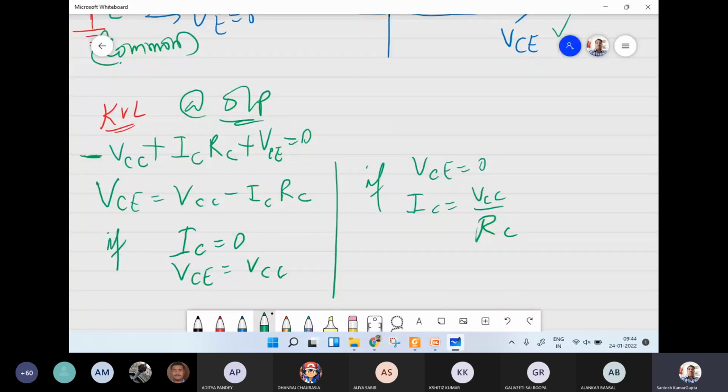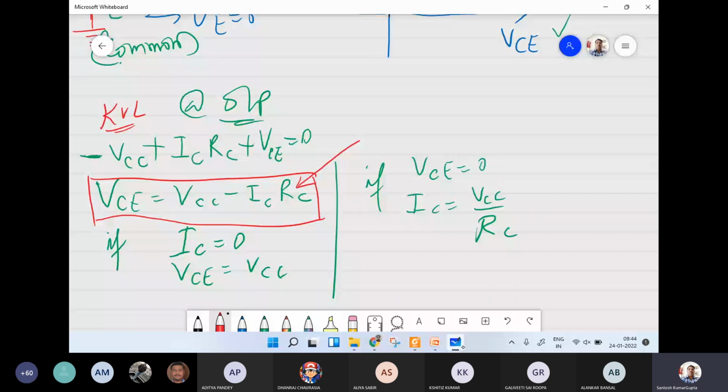Now we took the two extreme points of this equation. This equation is actually written for the output port, which is having the RC. RC is also called the load.